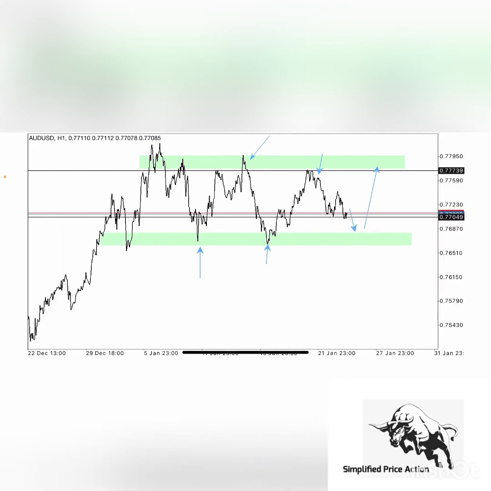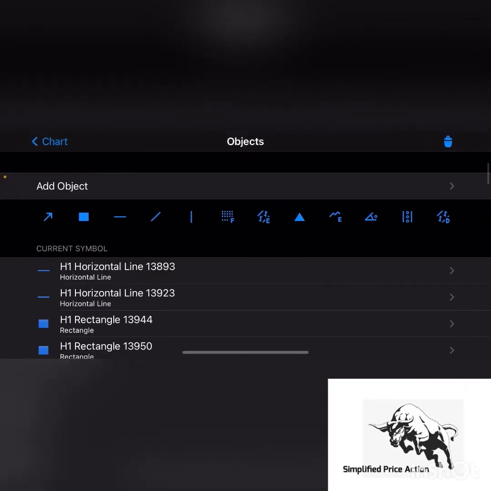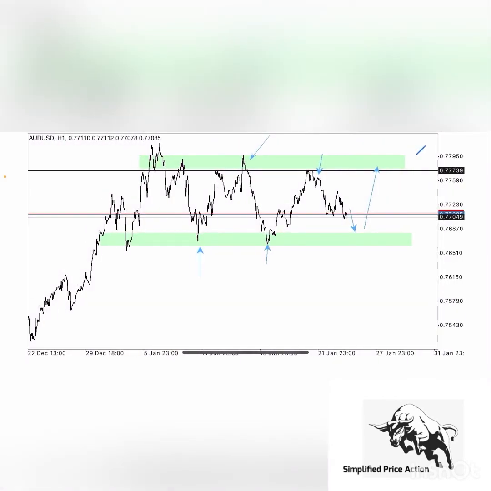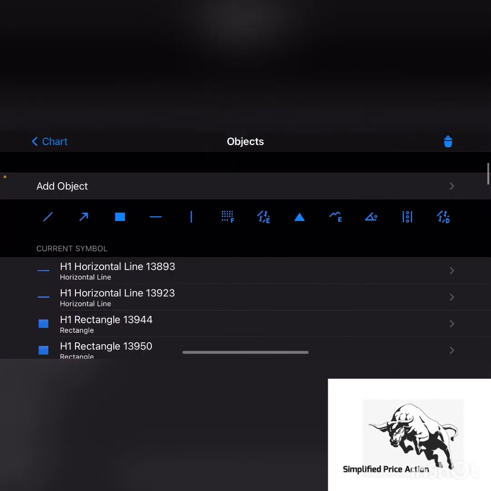Another way you can identify support and resistance is with your trend lines. Trend lines are used to identify support and resistance that are moving diagonally, right? So with trend lines, it's the same concept. You look for where the graph has bounced quite a number of times, right? And now we have a support.